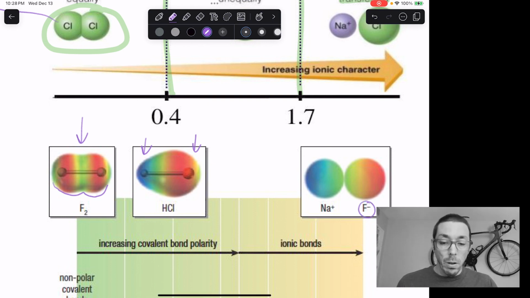It has full ownership of that extra electron, and sodium has totally lost it. And so you can see that there's a division between the two different ions. There's no sharing going on. And we have a big difference here between the dark blue and the strong red on each side.